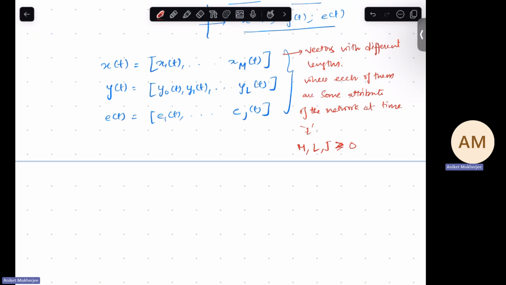So basically, each element of these vectors is a function of your arrival function, right? And some randomness either in the channel or the randomness in the arrivals and the control action that you have taken at time slot t, right?